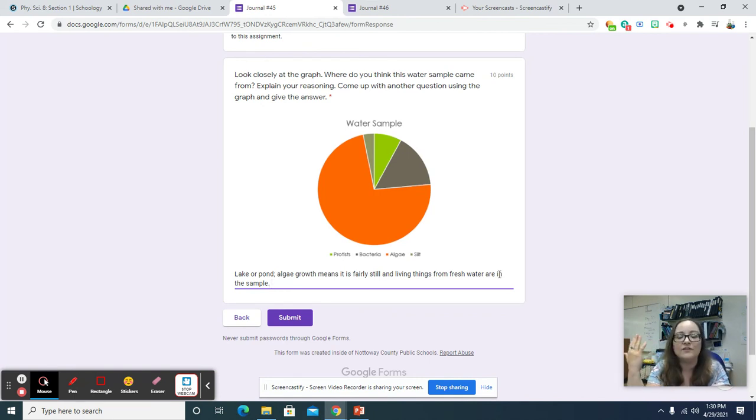But whatever you can come up with. Well, let's do the easy one. What type of material was the largest sample found in the water? Algae.